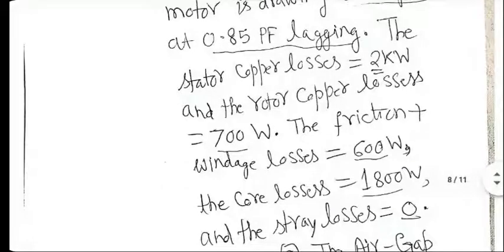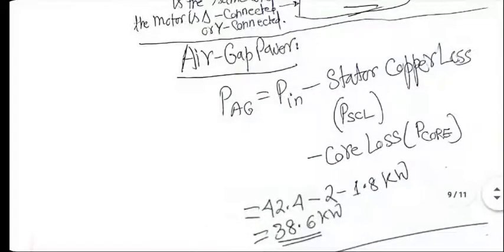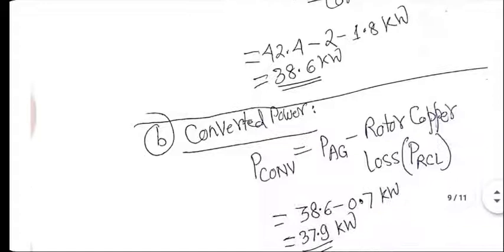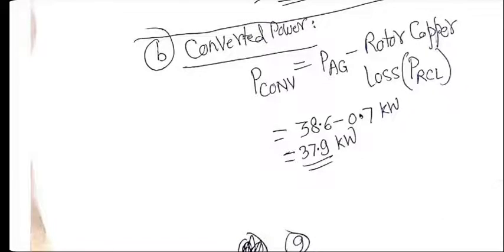Rotor copper loss is 0.7 kilowatt. So converted power will be 38.6 kilowatt minus 0.7 kilowatt, which is 37.9 kilowatt. We are assuming perfect conversion. That means transformation ratio is 1. Nothing is given otherwise, so let's continue to make that assumption.